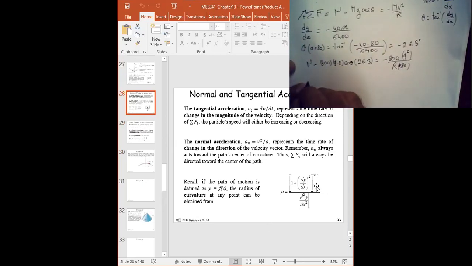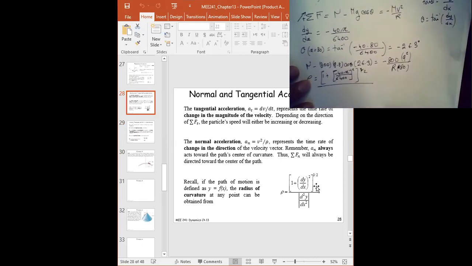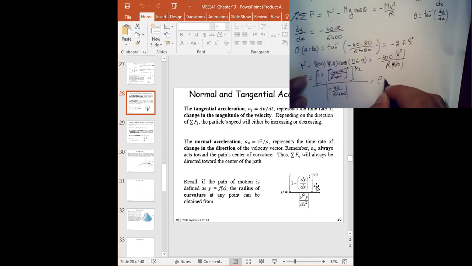So we're going to do rho is equal to 1 plus dy/dx, which is given to you as minus 40x over 6400, squared. The whole thing is to the power 3 over 2. And the second derivative of this is going to be minus 40 over 6400, the absolute value of course, right? So radius at 80 meter is equal to, we're simply going to put 80 at x, right?